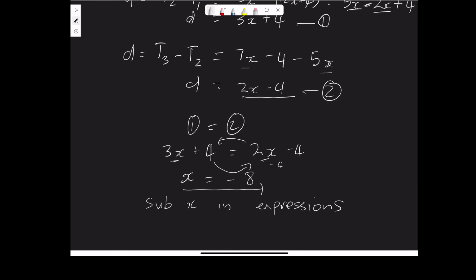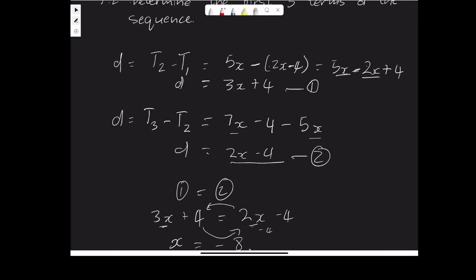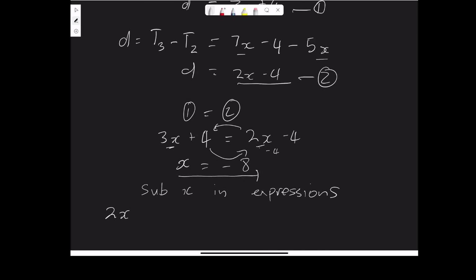So in this case I've got 2x minus 4, so that's 2 times minus 8 plus minus 4. Okay, so that should be minus 4. Okay, so that's the first one.